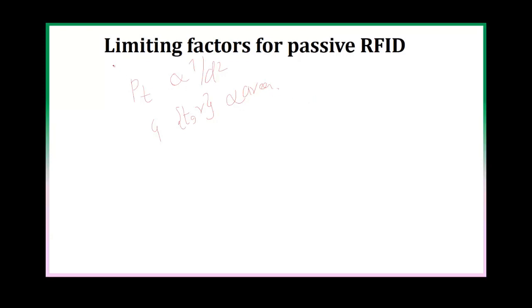If I talk about limitation factors, they are: reader transmitter power, which is government limited; reader receive sensitivity, that is SR; reader antenna gain, which is again limited by something; and tag antenna gain, which is GT and depends upon size, so it is size limited.